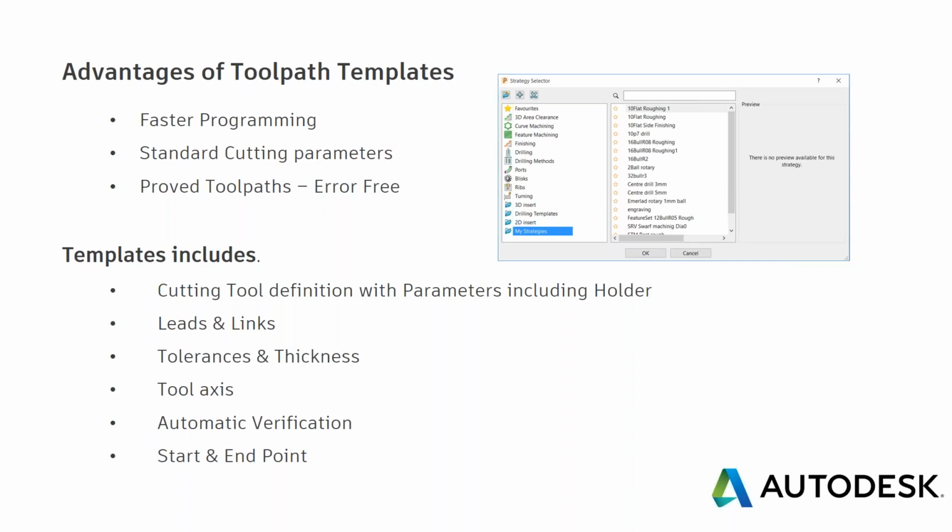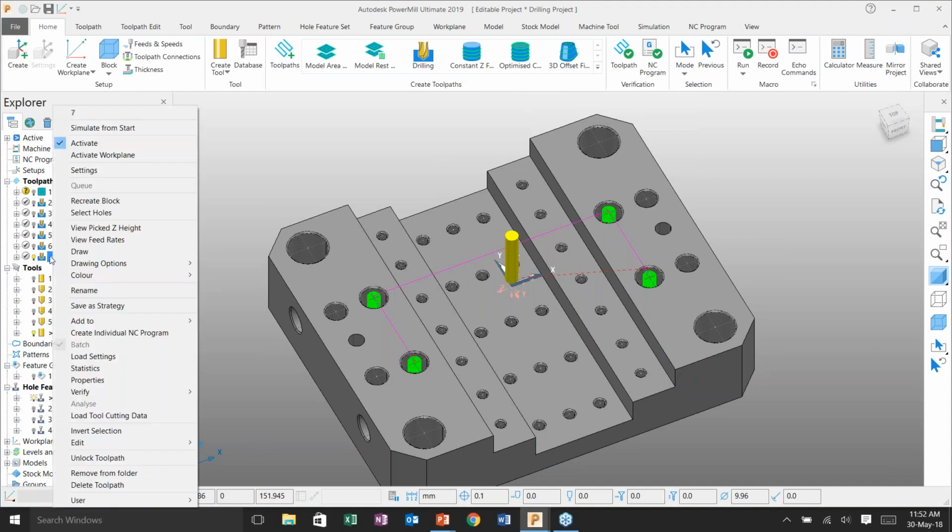So if you choose the template, what are the things you have to consider? Actually, each and every parameter can be skipped or you can include it. If you go back to one of your examples, you right click over the toolpath template and save as strategy. Likewise, you can create the template.